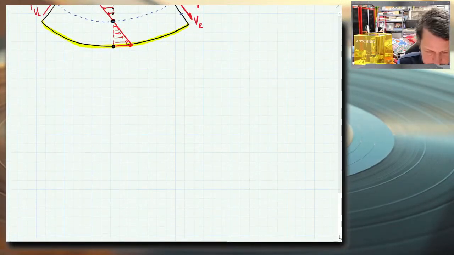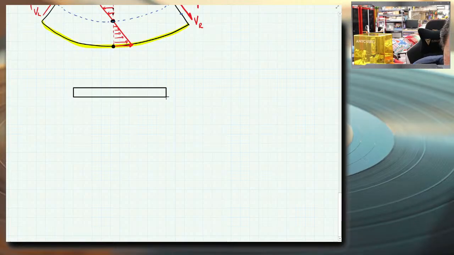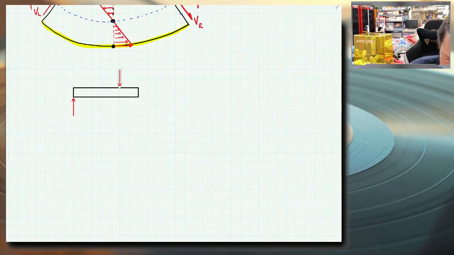Down here, we'll do it like that. We had a point load AY. We had a point load P. We had a shear force on here.